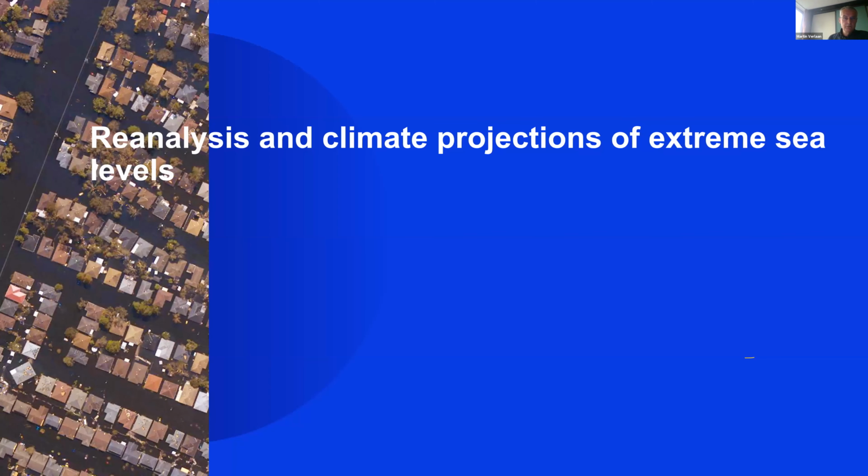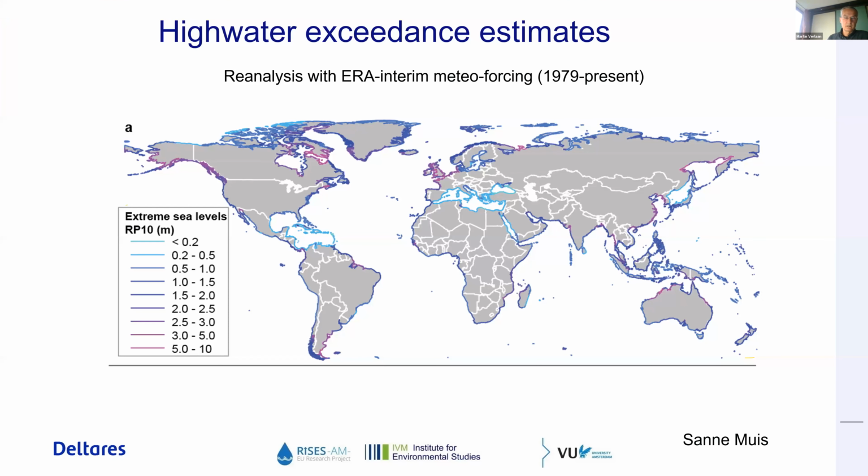So having this model, already quite a while ago, we started looking at reanalysis and climate projections. And this work all started with the PhD of Sanne Muis, who before 2016 looked at the ERA-Interim reanalysis.